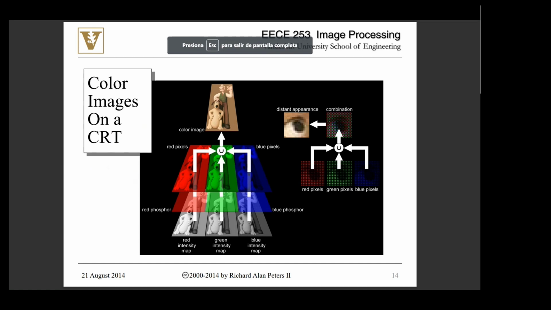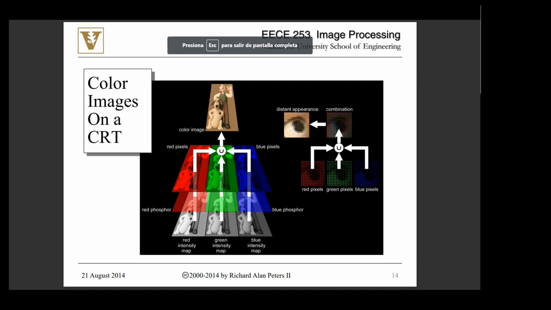Then we will explore a bit how to display images. And we will see a very old technology, these cathode ray tube televisions. These CRT monitors are old, but they show very well how it works.